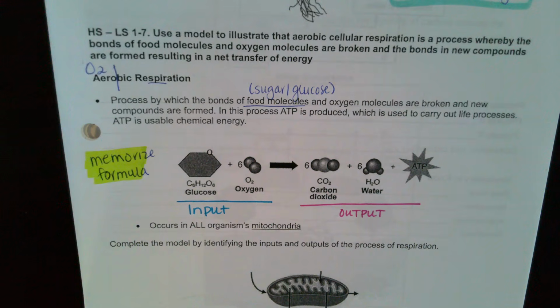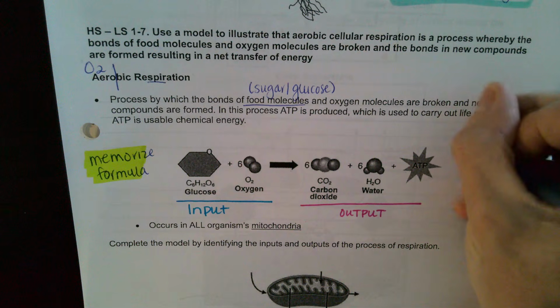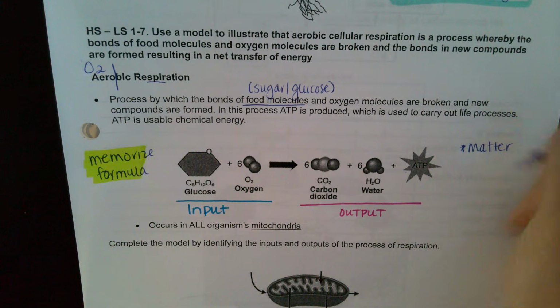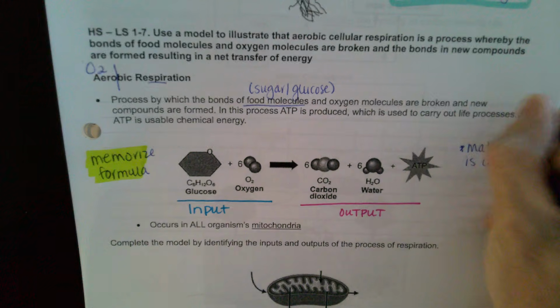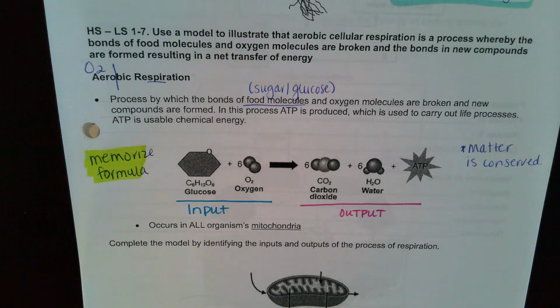If I was to count up how many carbon, how many oxygen, how many hydrogen on both sides, I would notice, once again, matter is conserved. Remember, when I'm saying it's conserved, I mean the number of carbon and the number of oxygen and hydrogen stays the same on the left-hand side and then on the right-hand side.